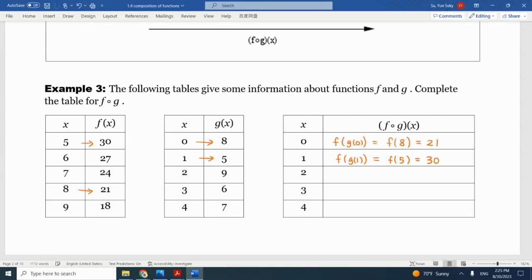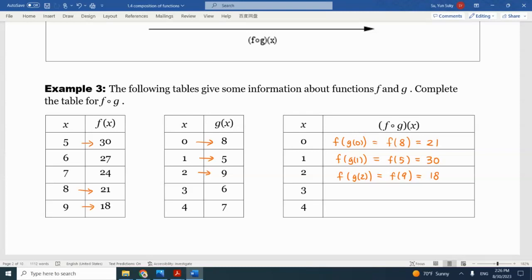Yes, very good. What is G of 2? 9. So we get F of 9. And what is F of 9? 18. Yes.